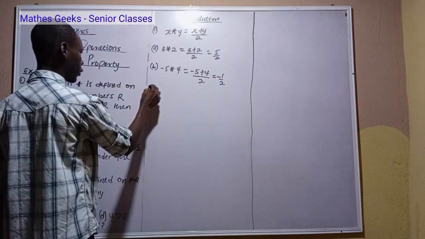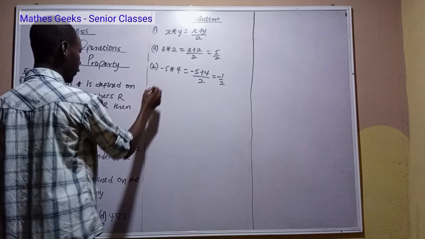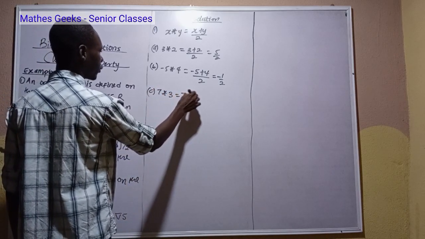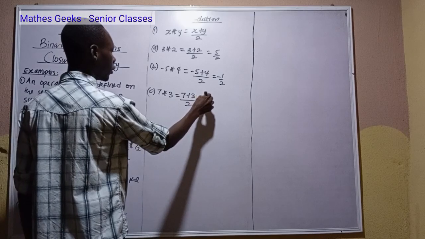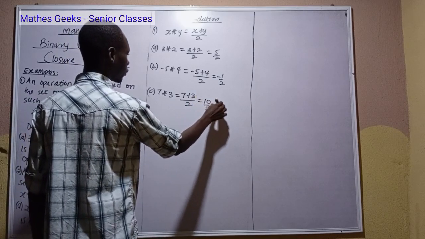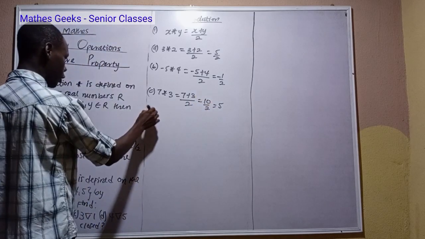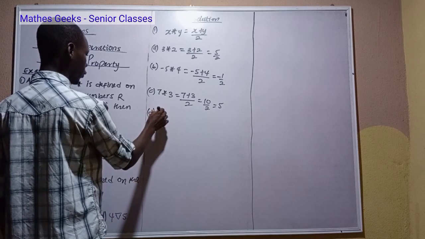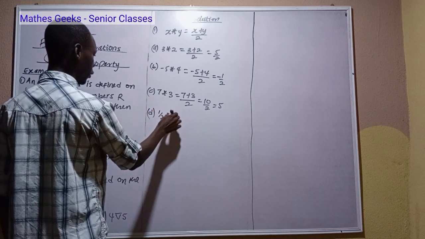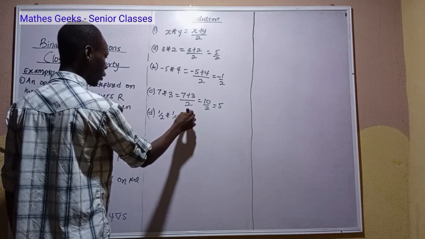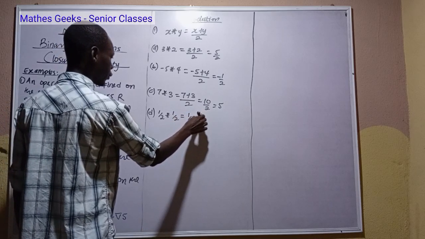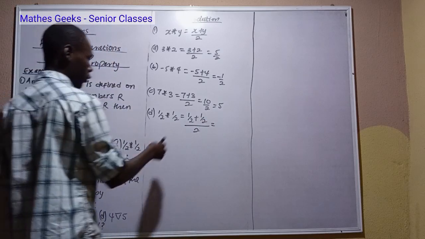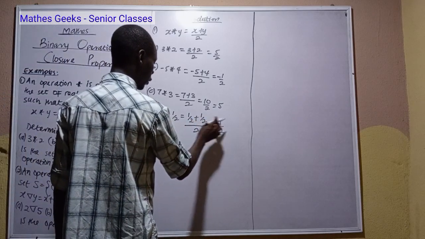And C is 7 star 3. 7 star 3 is equal to 7 plus 3 over 2, 10 over 2, which is equal to 5. And D is equal to 1 over 2 star 1 over 2. This will give us 1 over 2 plus 1 over 2 over 2. 1 over 2 plus 1 over 2 will give us 1, and then over 2.